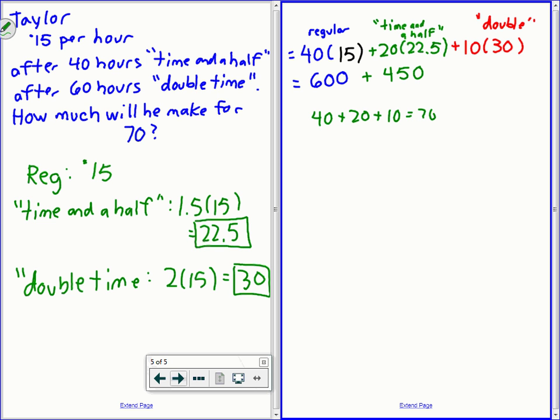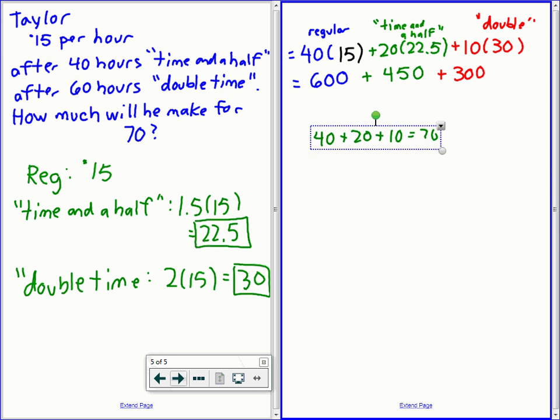And calculate 10 times 30 for me, please. Good. Okay, Caleb, with the great power of your mind, you add with no calculator. 600 plus 450 plus 300. You can do it. Did you say 1,000? Amazing.